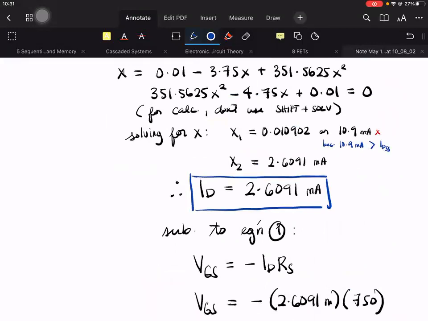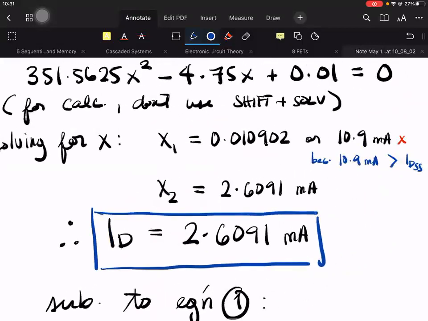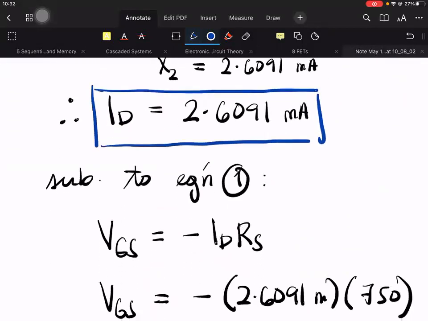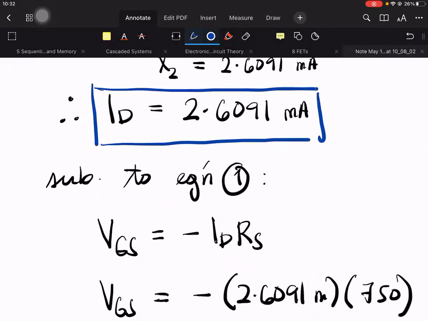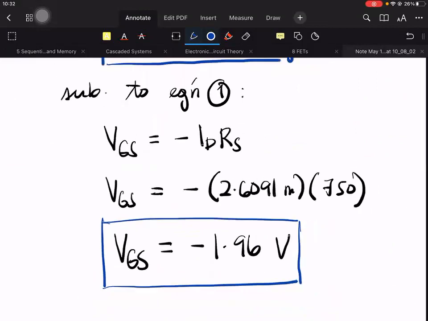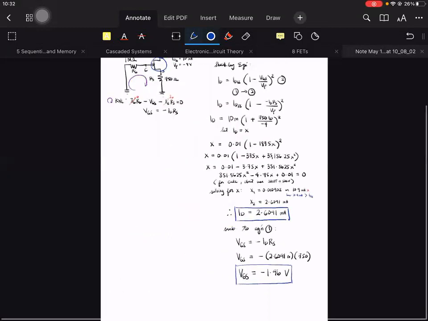So again, if we have obtained two smaller values for ID, we'll substitute them both to equation 1. And for sure, one of them will exceed the limit. So in this case, we can conclude that only one value can be used, not two. Okay?